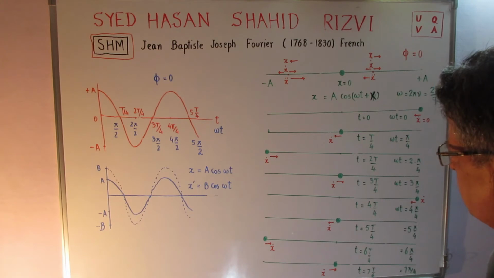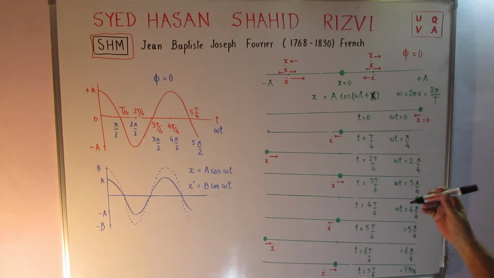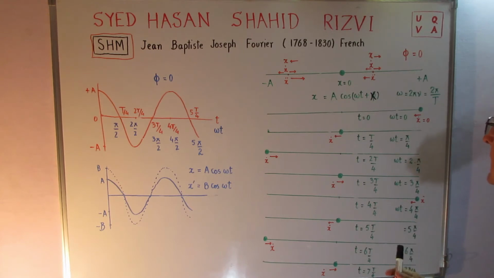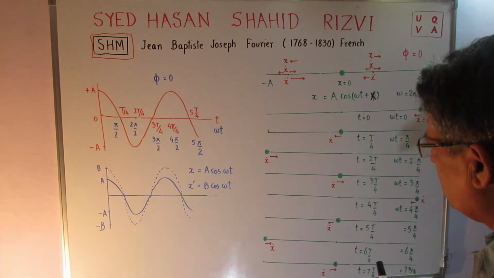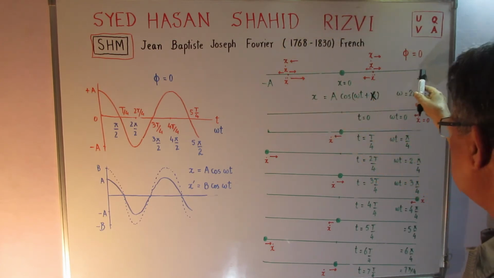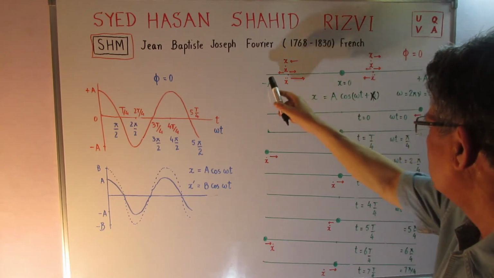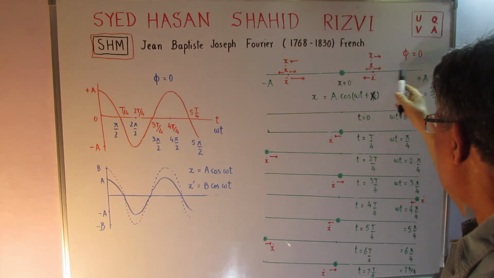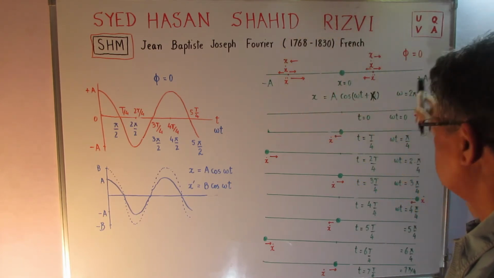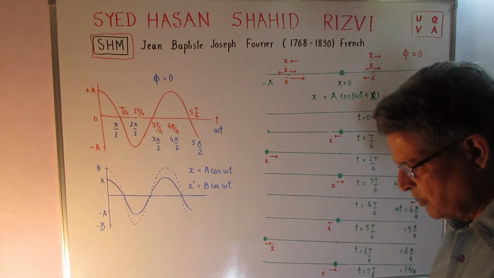Now, if I look at it, then the total period means that it has moved like this back to this point, or like this back to this point, in the same condition of motion.